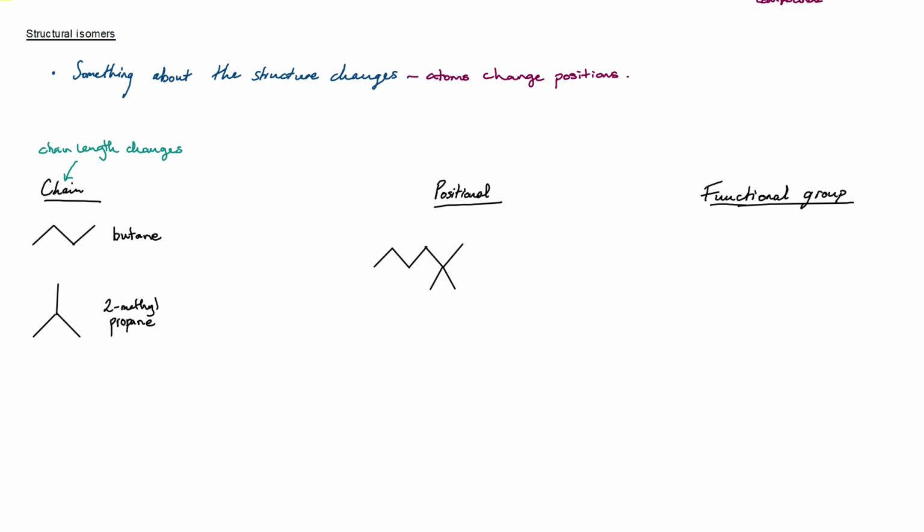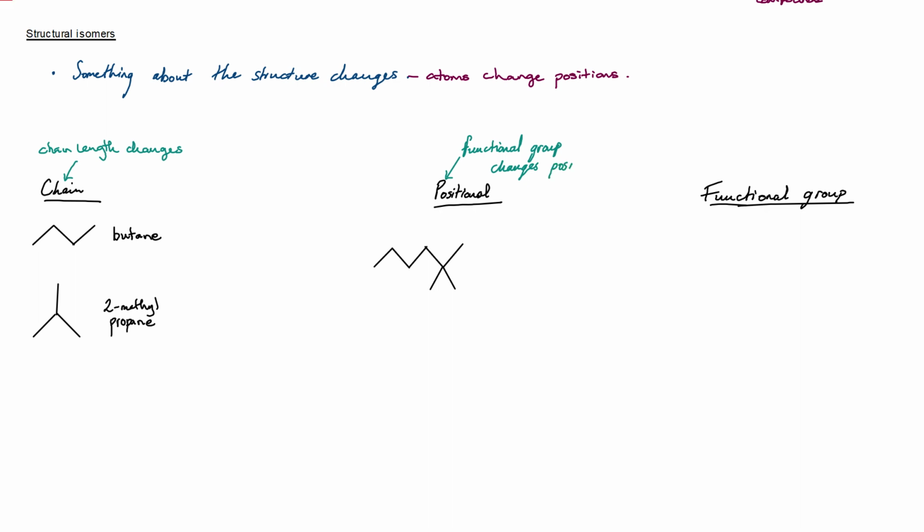The best way to describe this is when a functional group changes its position somewhere along the chain. So the chain length essentially stays the same, but the functional group changes position.